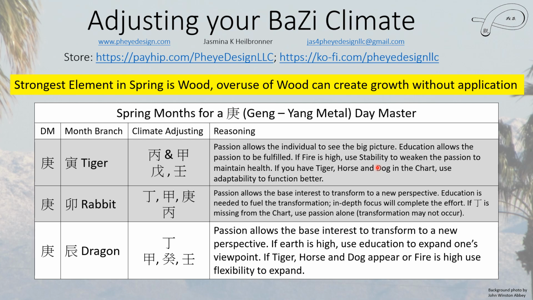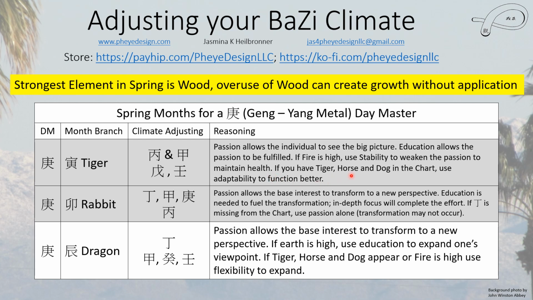But you have to have some sort of stability in your life so that you can concentrate on the problem and not have to worry about all kinds of chaos, which drive most people crazy, but I think are particularly bad for metal daymasters. And this also tends to weaken the passion a bit, but allows you to maintain health so you don't keep getting burnt out. So it helps balance you.